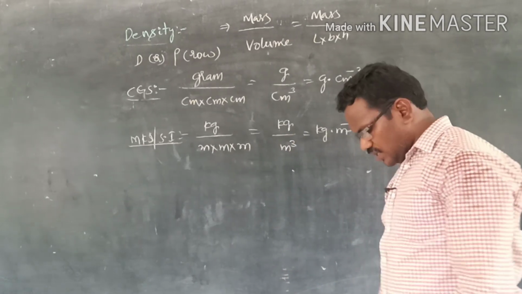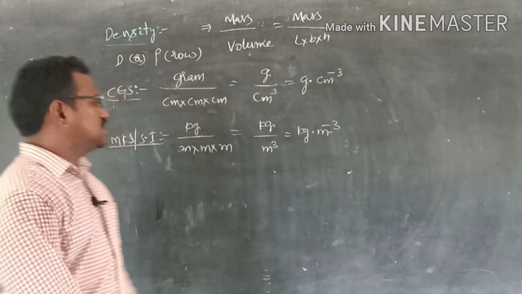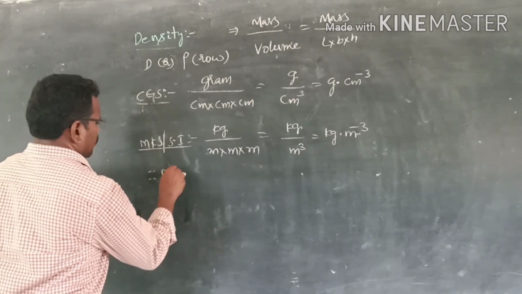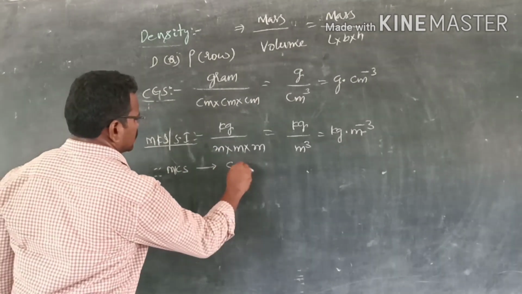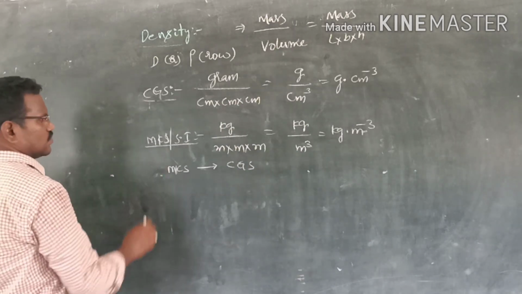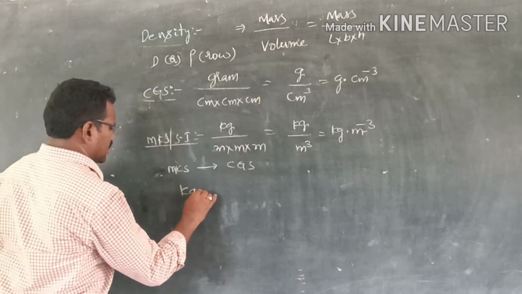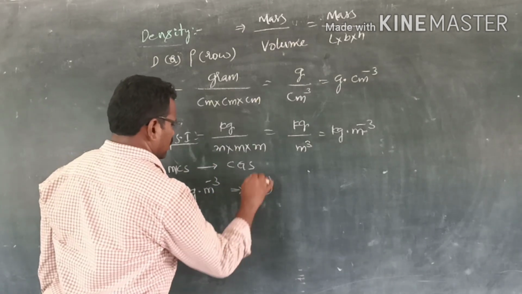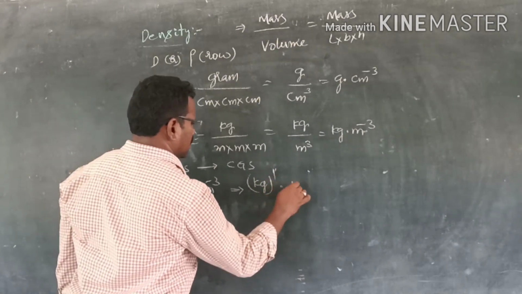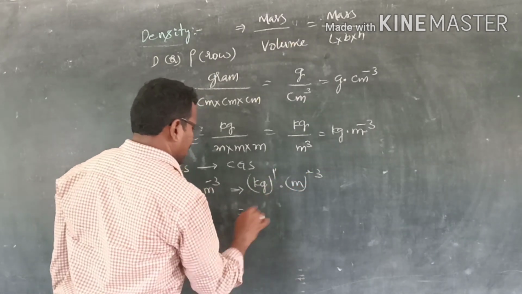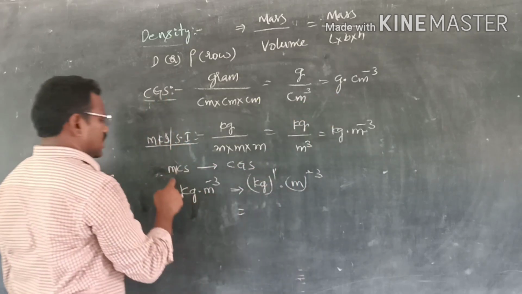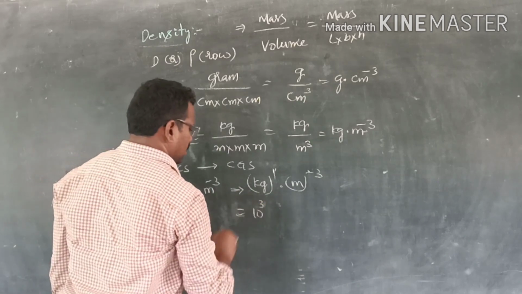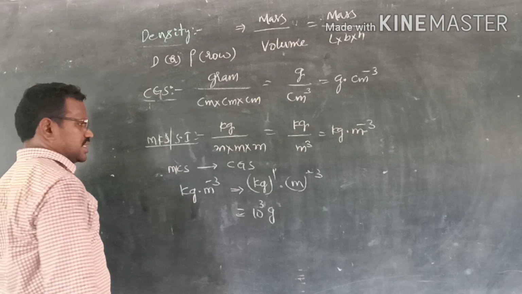Now let us derive the relation between the CGS and MKS units, that is, conversion of the MKS system to the CGS system. In the MKS system, the value is kg meter power minus 3. It can be represented as kg power 1 meter power minus 3. 1 kg should be converted into grams, because we are converting MKS into CGS. So 1 kg is nothing but 10 power 3 gram, 1000 grams.